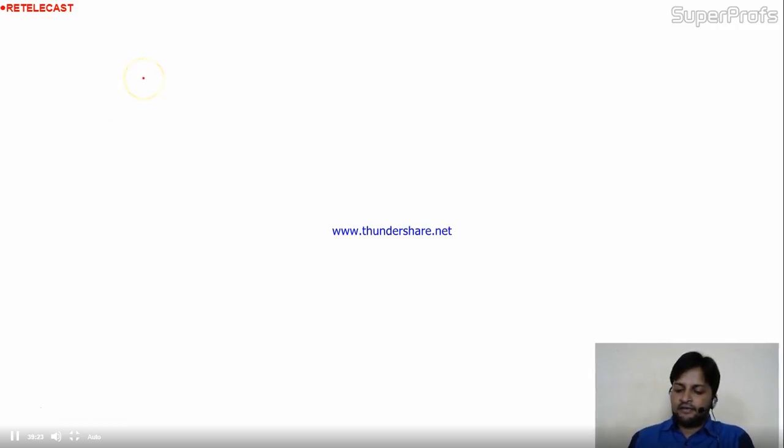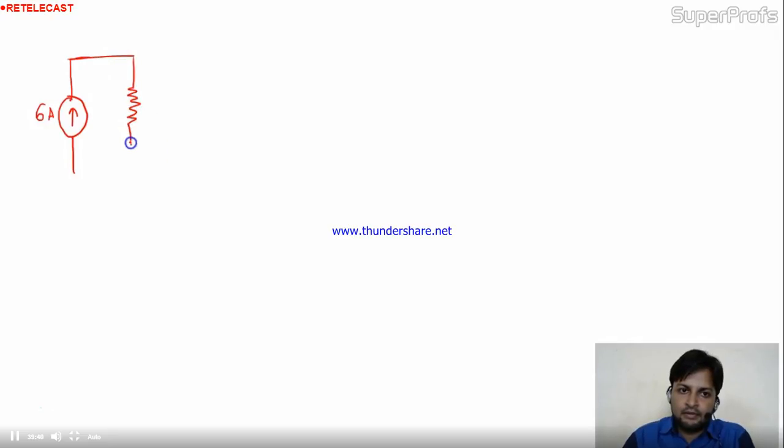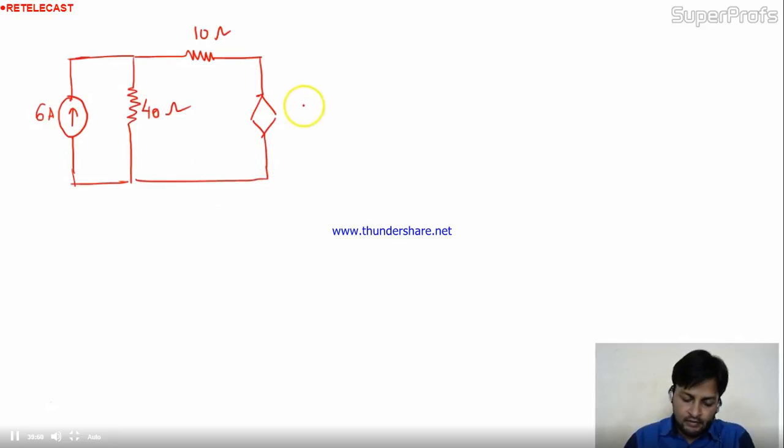The given circuit is 6 ampere. Here this is 40 ohm. This one is 10 ohm. Here a dependent source is given, and the value of the source is 4 I0.